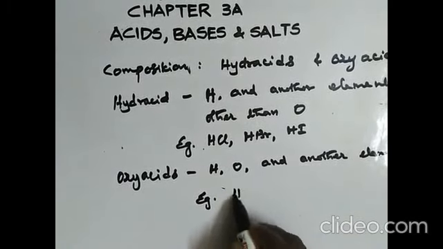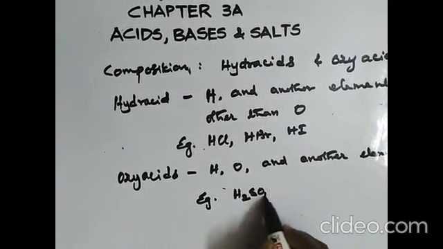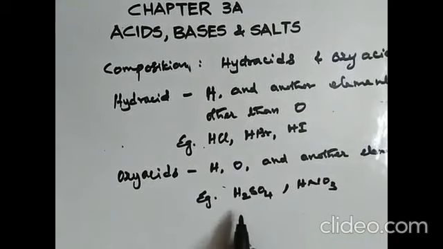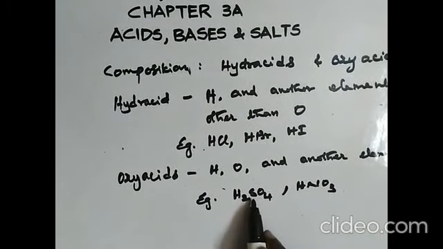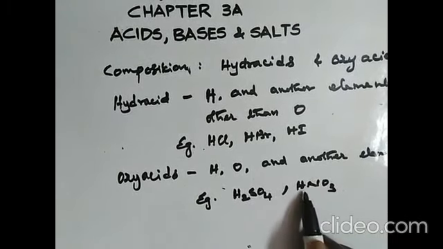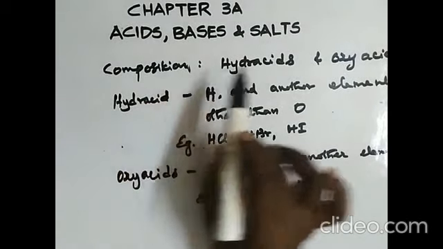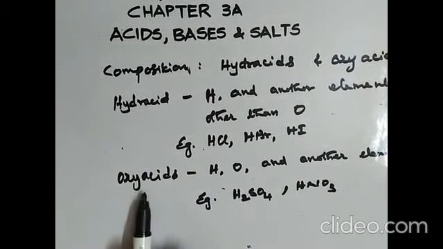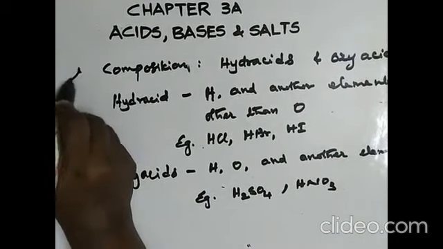Example, sulfuric acid, nitric acid, etc. You have hydrogen, you have oxygen, one more element, sulfur. Hydrogen, oxygen, nitrogen. So based on the composition, acids can be classified into hydracids and oxyacids. So this is the second method of classification.